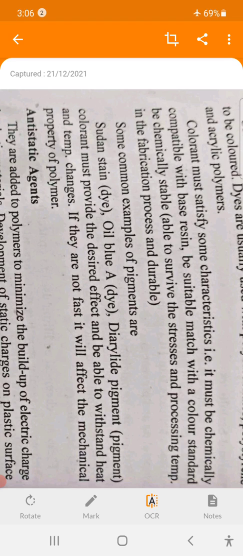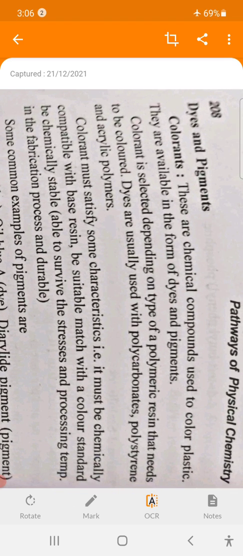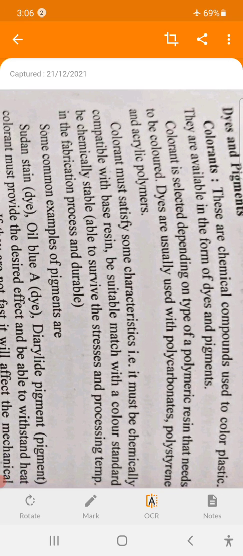Then next materials required to add in a polymer material during their manufacturing are dyes and pigments. First are colorants. These are chemical compounds used to color plastic. They are available in the form of dyes and pigments.